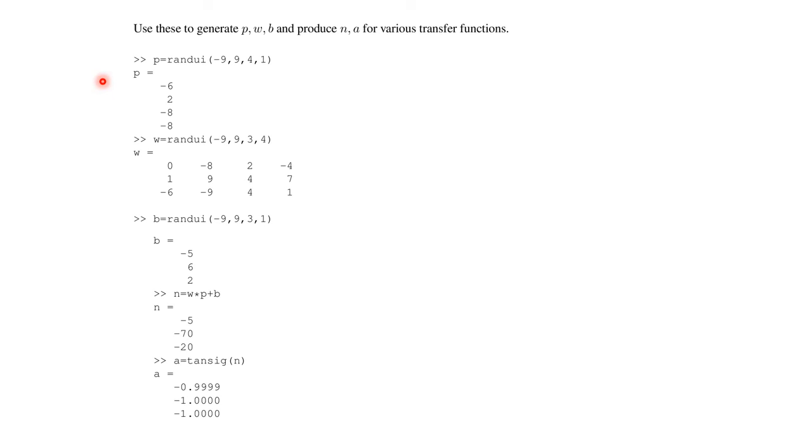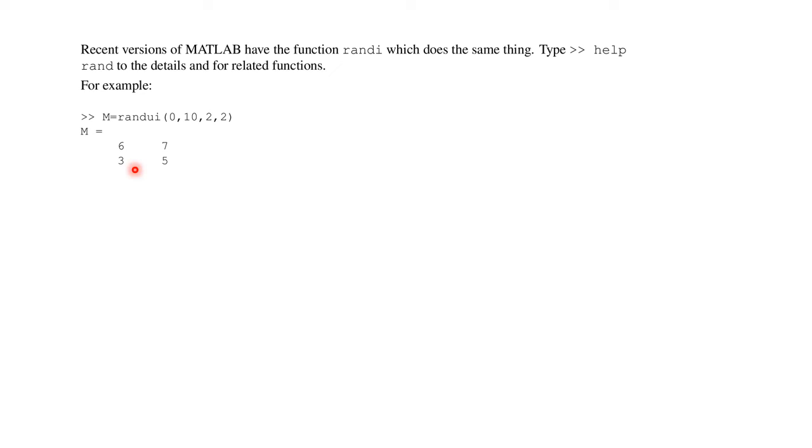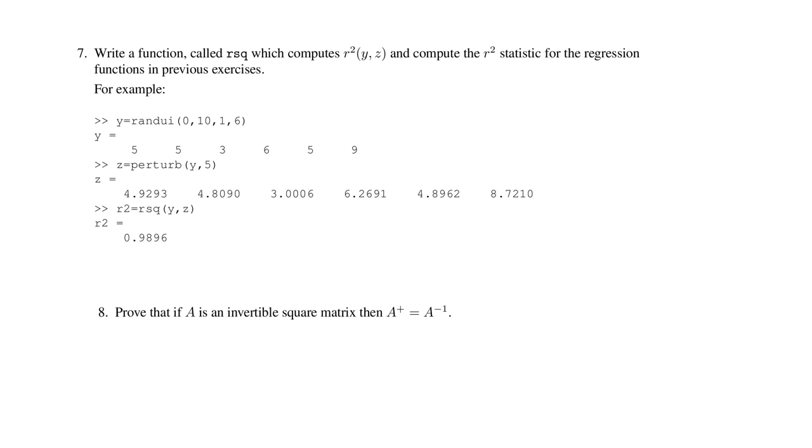And there's a little exercise to get you used to the syntax here. Now look at the MATLAB version of that, and we'll need to be able to assess how well our neural networks are fitting the data. So I make a little function called R². I'll show you mine, but first you show me yours.